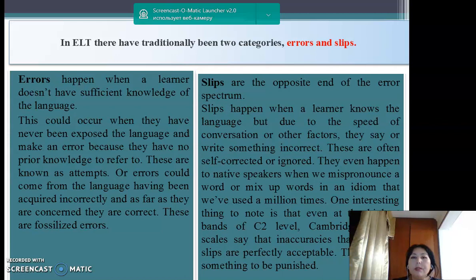One interesting thing to note is that even at the highest bands of C2 level, Cambridge writing scales say that inaccuracies that occur as slips are perfectly acceptable. They are not something to be punished.